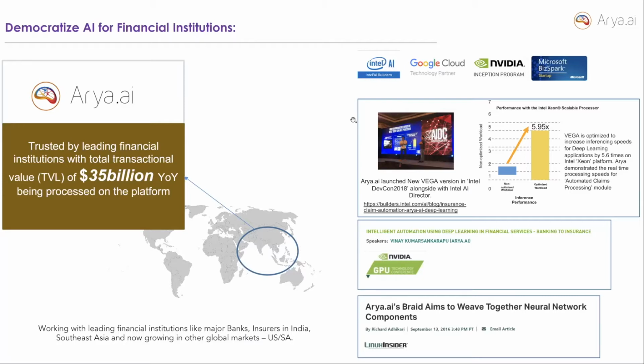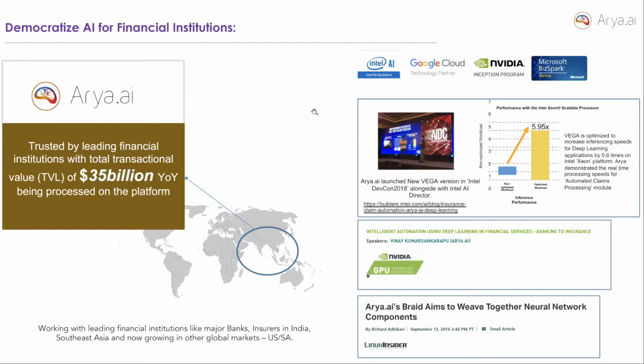We are part of Intel's AI Builders program, and we are also part of NVIDIA's Inception program as well. We had a chance to work with them closely and work with the improvements that are happening in the industry. And from an adoption standpoint, currently we work with multiple financial institutions in Asia, primarily in India and Southeast Asia, because of being close to these markets.